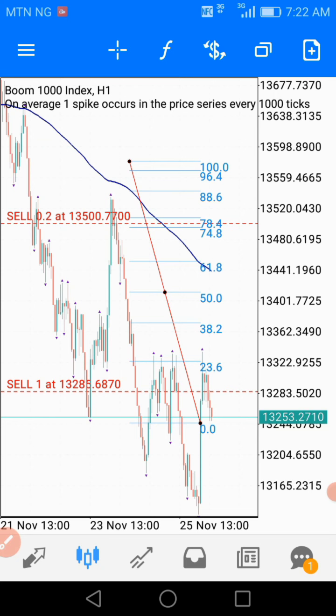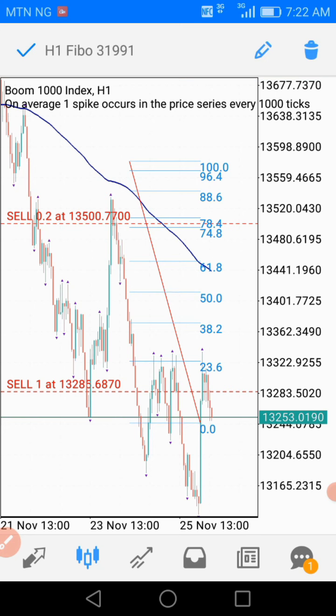For those of you using computers and laptops, it's still the same principle. Now I have my settings already, although this is not the ideal. I'm going to give you the real setting right away. Now you long press and then you see something like this, the pencil sign.